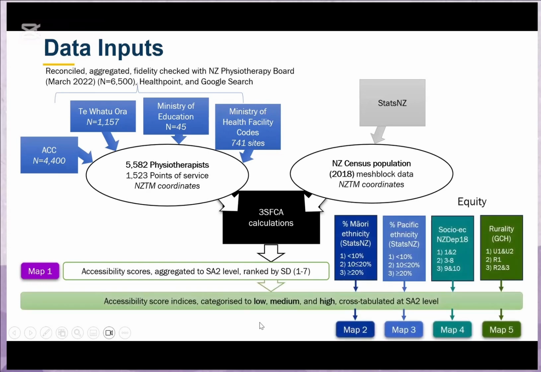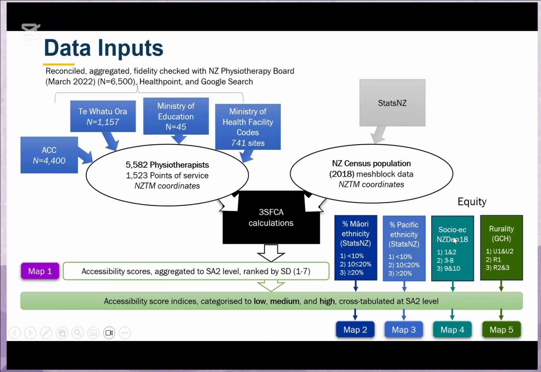These scores were then categorised, or the rankings were then categorised as low, medium and high accessibility, and cross-tabulated with demographic variables at the SA2 level. So for Māori and Pacific ethnicity, these data also came from Statistics New Zealand, the census data, and were categorised as low, medium and high proportion ethnicity, where less than 10% was low, 10 to 20% proportion Māori Pacific medium, greater than 20% high.